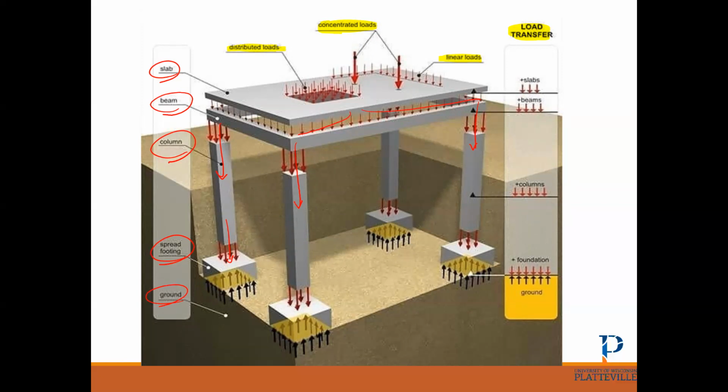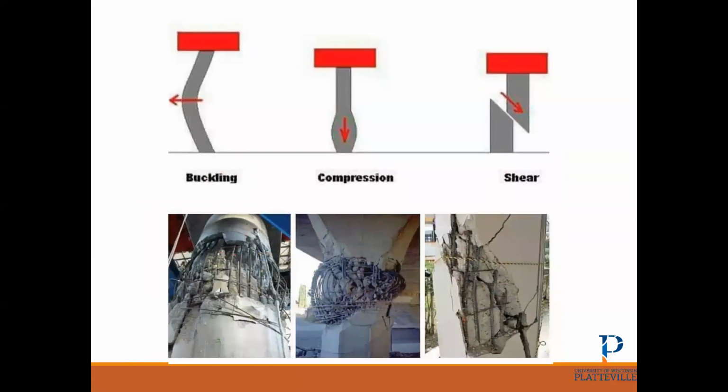All right, what happens if we don't design all these members with the correct size of cross section, or if we don't estimate this load correctly? Let's see what type of failure will happen to our structures. So here, if we have a loading that causes buckling, you can see in this concrete column what will happen.